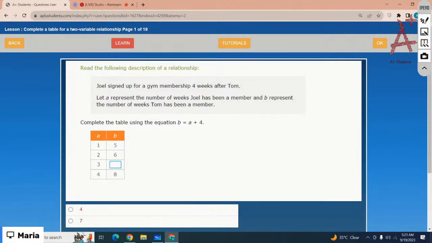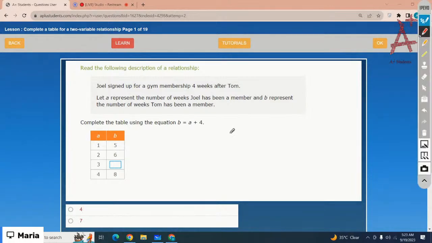You can see 1 plus 4 equals 5, 2 plus 4 equals 6. So that would be 3 plus 4 equals 7.